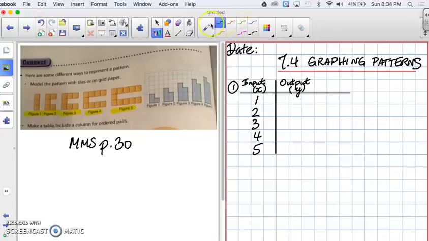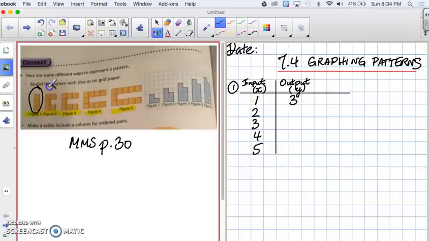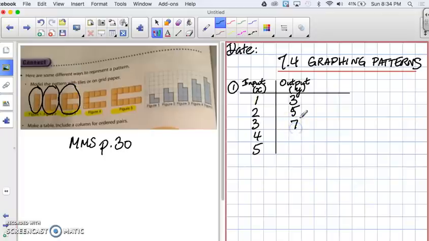Figure 1 has 3 tiles. Figure 2 has 5 tiles. Figure 3, as you can count, has 7 tiles, and then figure 4, 9, and then figure 5, we know has 11, okay?